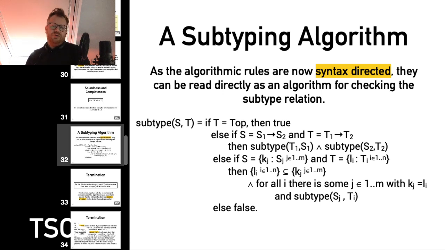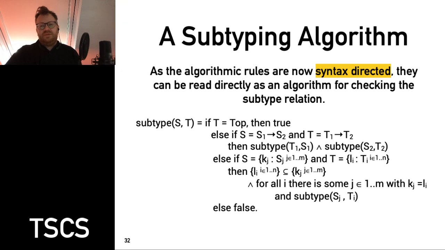And then you do this for record types as well, which is just as an algorithmic encoding what you saw before. As you've now implemented a fair amount of type systems in the labs, you should be very familiar with that kind of thing. So you can directly translate this to Scala code, and else of course false, because this is not the case. If you look into the implementations that we had before, then you would really see that.